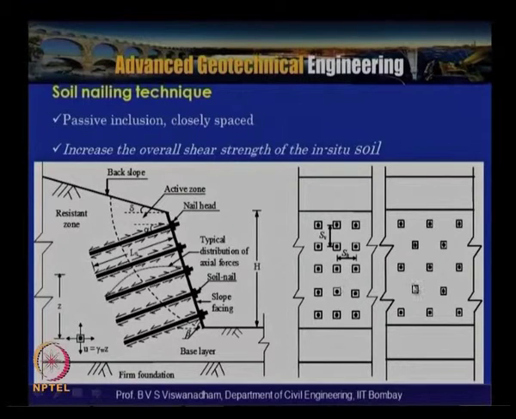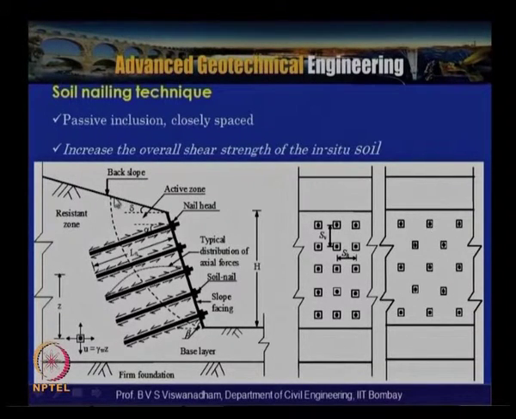One is a square arrangement, where SH is the horizontal spacing and SV is the vertical spacing, and the other is called a staggered arrangement, in which the nails are spread over the surface.